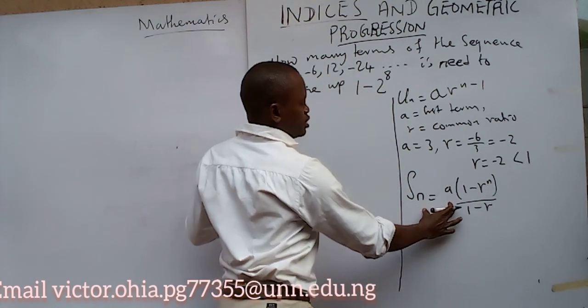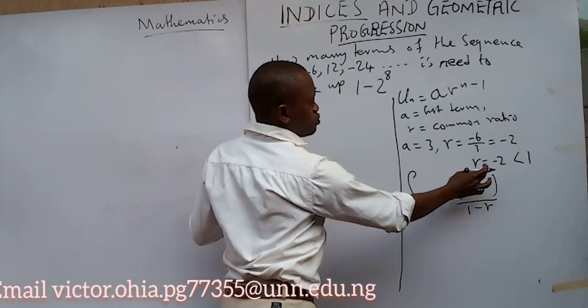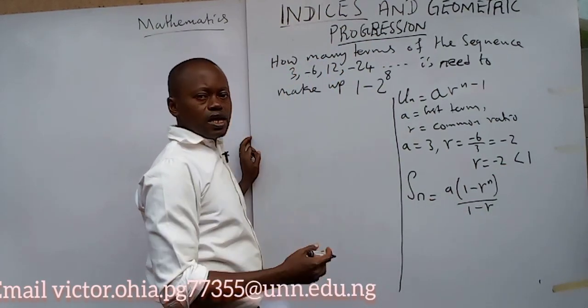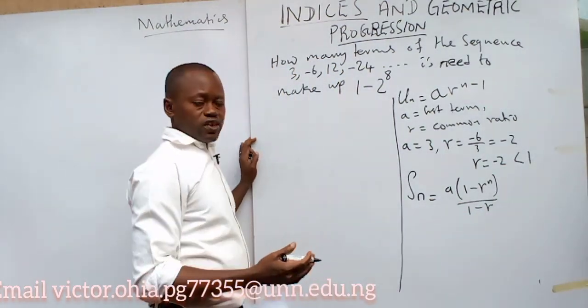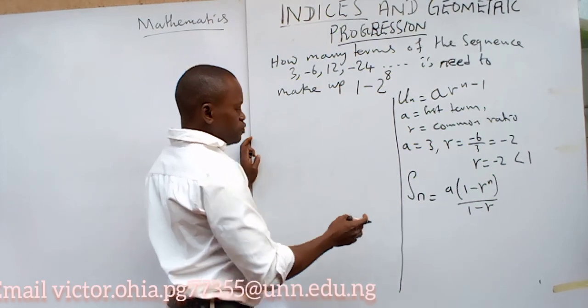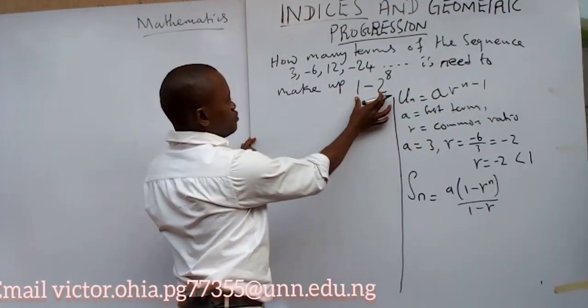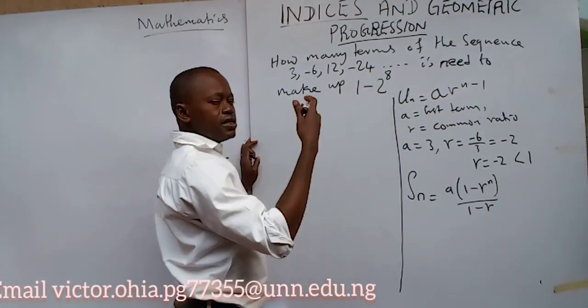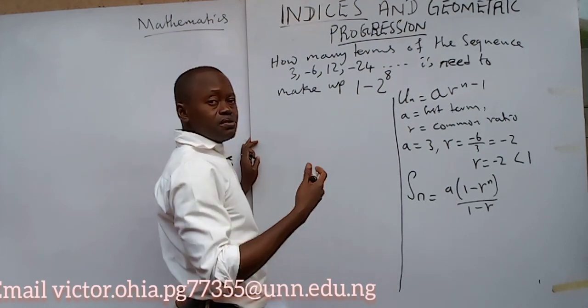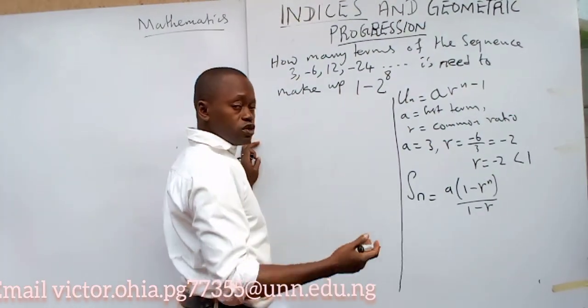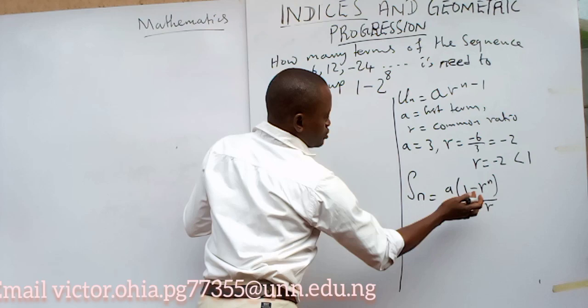This is the formula for calculating the sum of a geometric progression when the common ratio is less than 1. I hope I'm not too fast about that. So if we come here, this is the sum they gave of a particular nth term, and we don't know how many terms there are. Then obviously we are looking for the value of n.